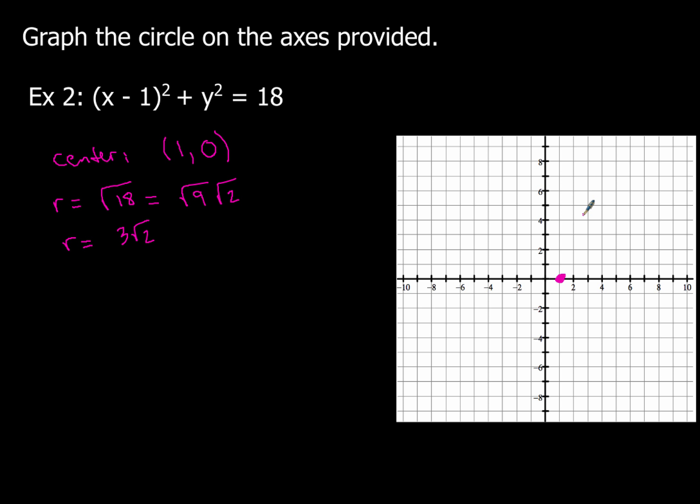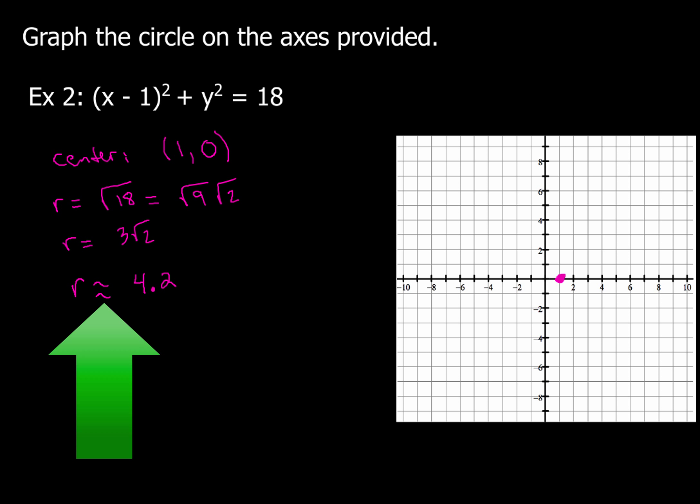So what I would probably do is go to a calculator to estimate about how far that is. What's the distance for 3 square roots of 2, or just square root of 18? So when I estimate that, I get about 4.2. Now notice how I changed the symbol on there, so you're going to want to make sure that you do that, because r is not equal to 4.2, it's about 4.2.